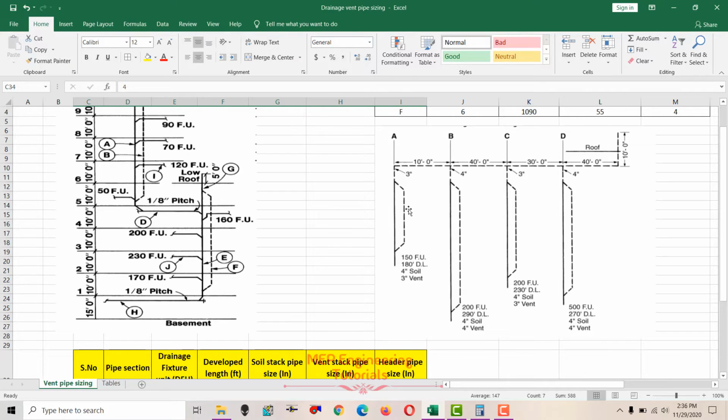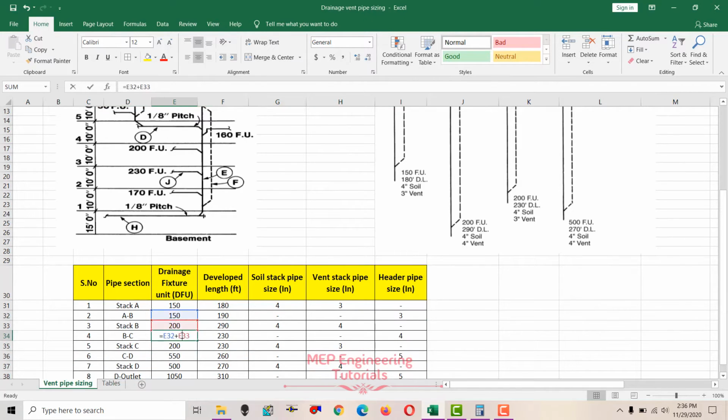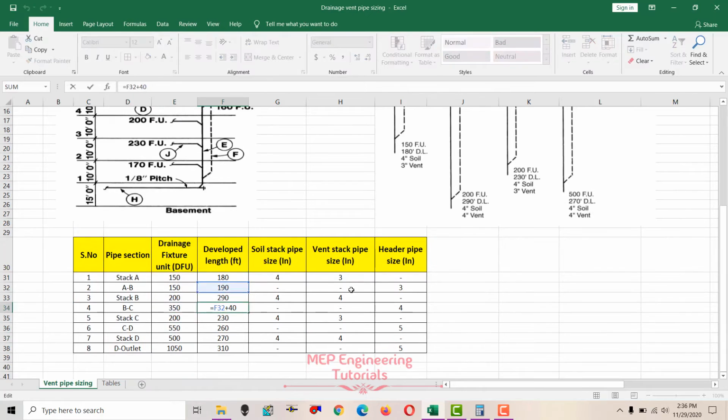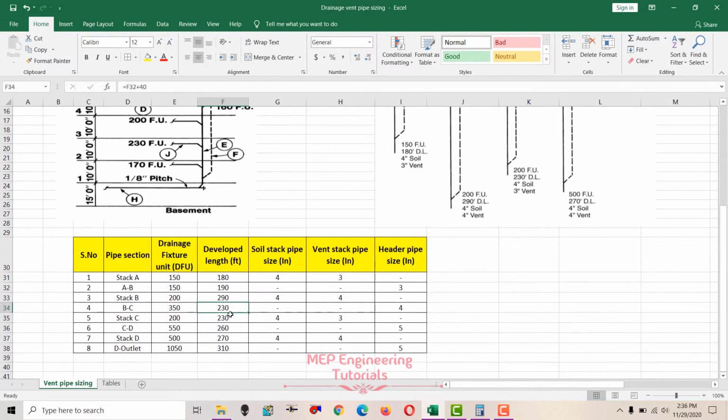So 150 plus 200, it will be 350 for the point B to C. Now the developed length we can see here at point A to B, total developed length was 180 plus 10, that is 190 plus 40, that is 230.